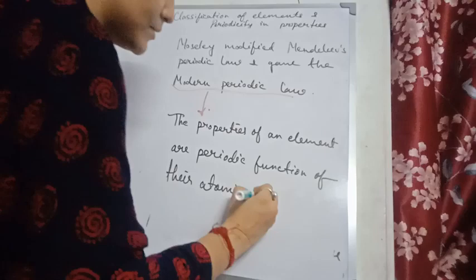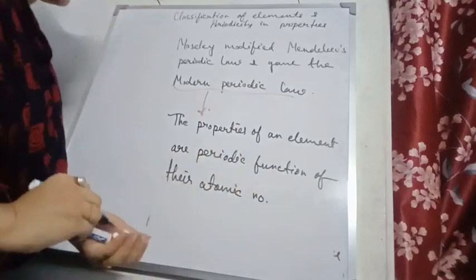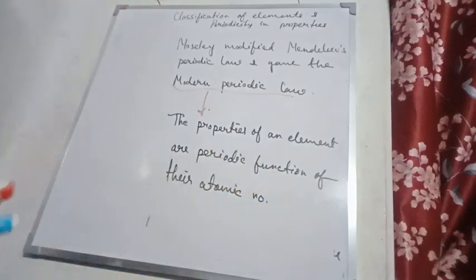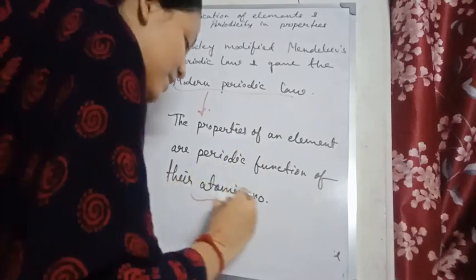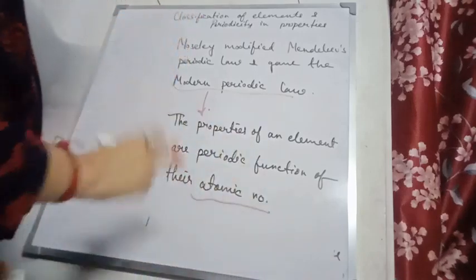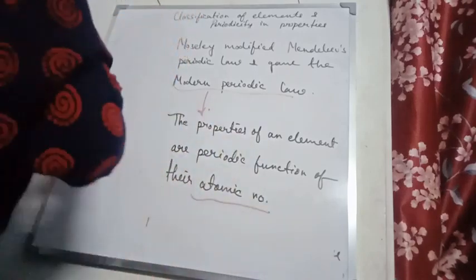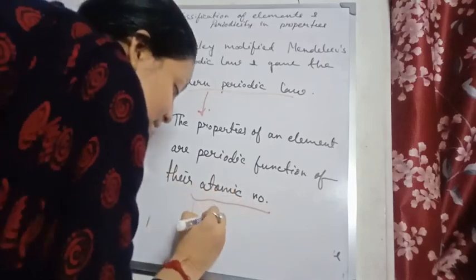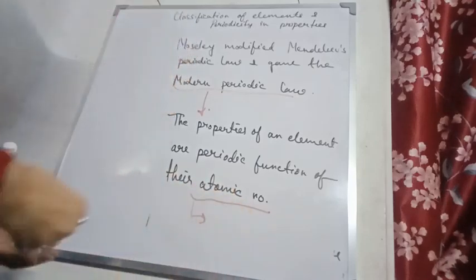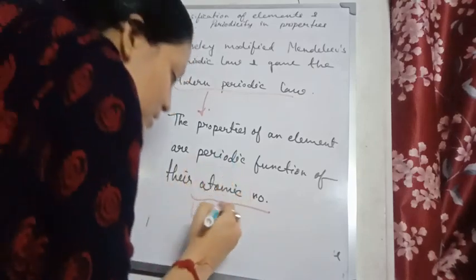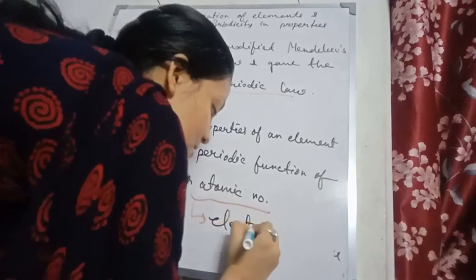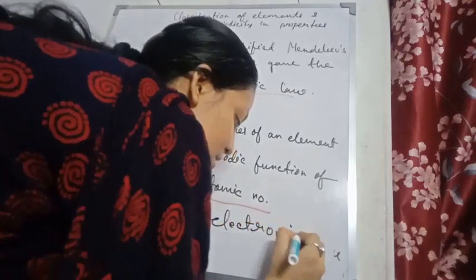So he basically modified the atomic mass to atomic number. Now if atomic number was considered, then the periodicity could be easily explained. Why? Because atomic number basically tells us about the electronic configuration. So by considering this, we can easily explain the periodicity in the properties.